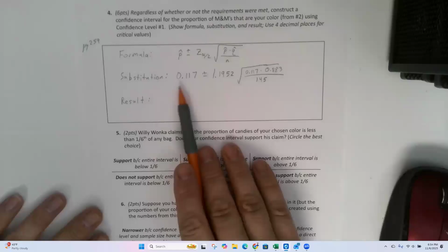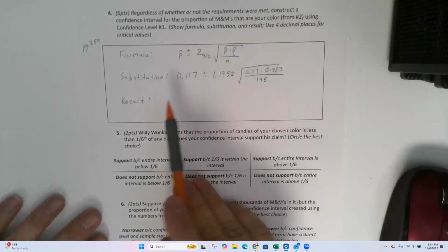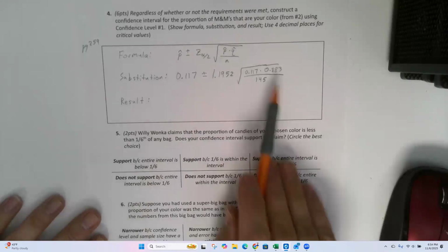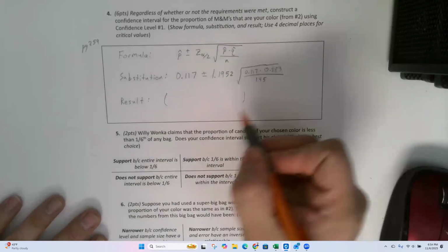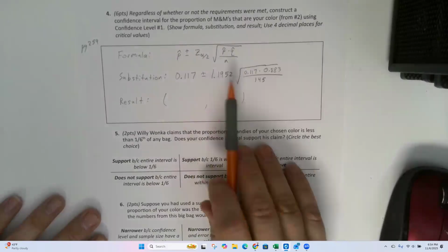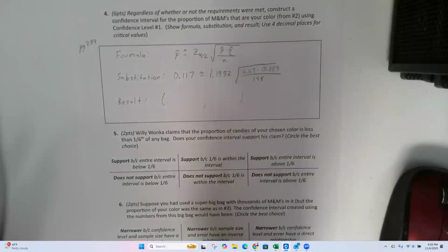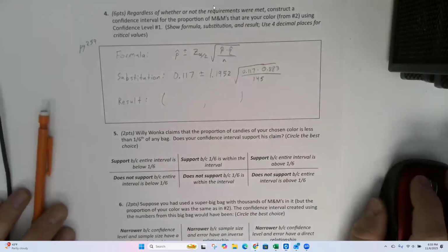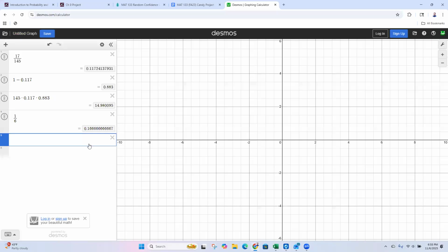Once you plug those in, you can either do this in Desmos and get your result. You'll have a lower end and an upper end. Or you can do this in StatCrunch. And I'll show you both tonight. I'm going to start with Desmos. So here it is, and I'm typing in my numbers.